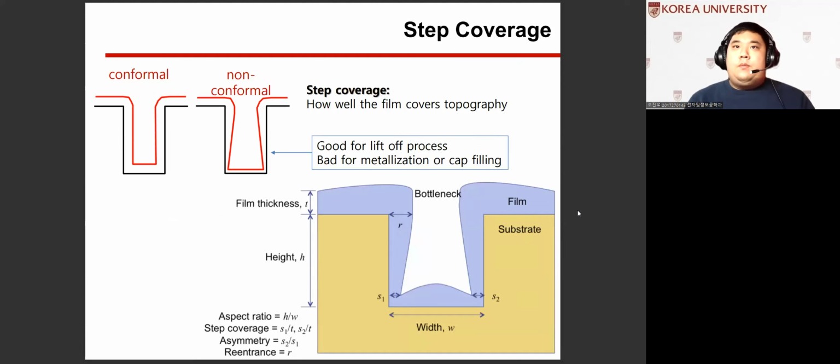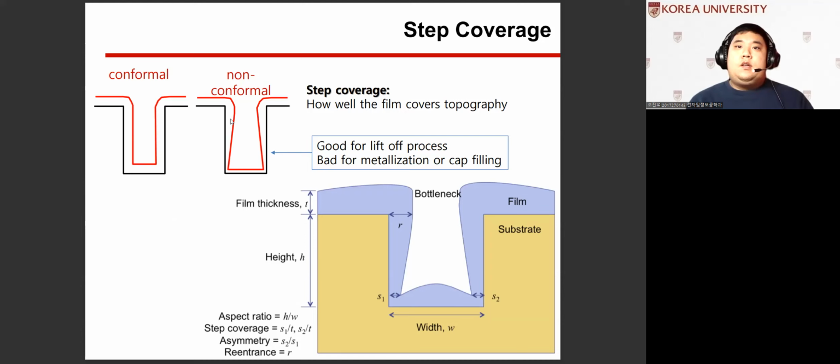Next, we're going to move on to the step coverage, or conformal coverage. Conformal coverage is, as you can see here, to cover the surface uniformly. On the other hand, non-conformal materials can be covered to close the hole. Normally, conformal deposition is preferred.